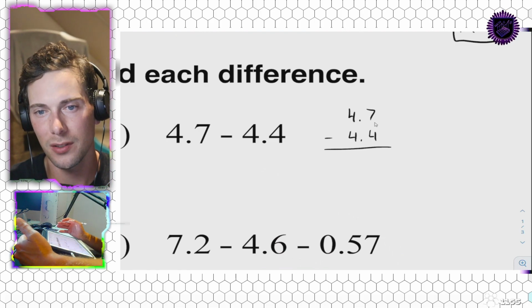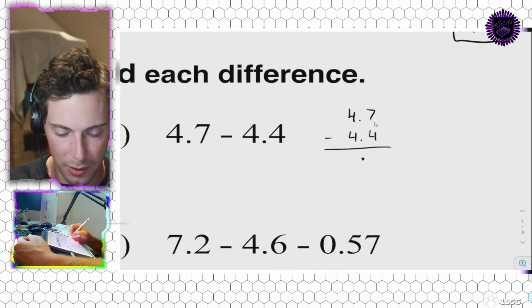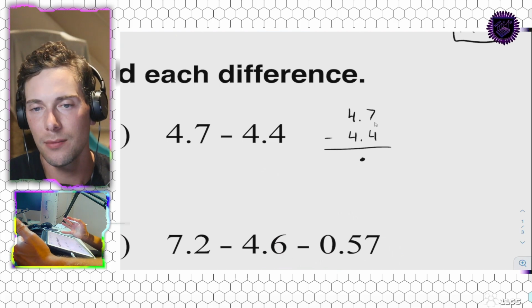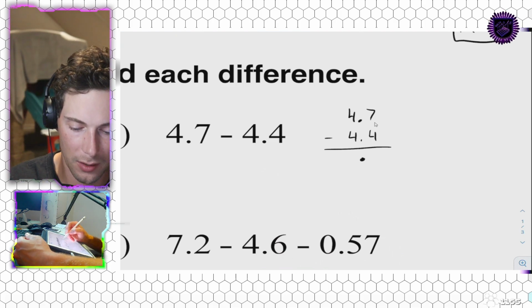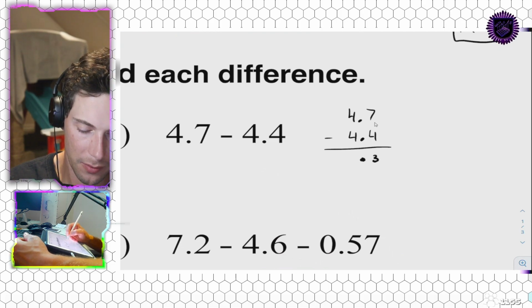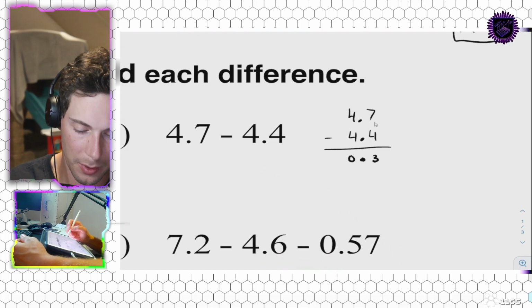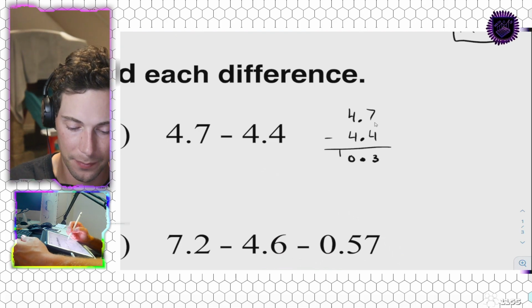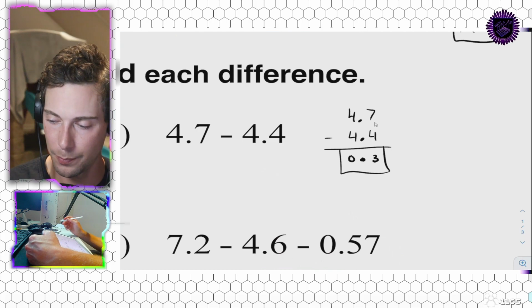Right? You know how to do this. Make sure you have the decimal point included at the end. That's the key to all of this, right? You have your decimal here, decimal here, decimal here. That's the key. That's going to be 3, and that's going to be 0. Our answer is going to be 0.3. Boom.